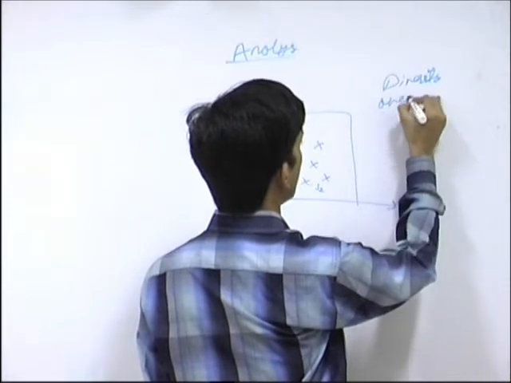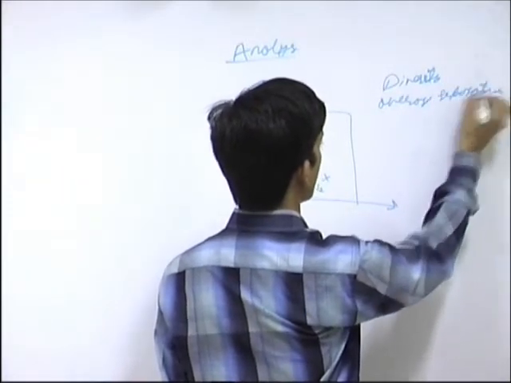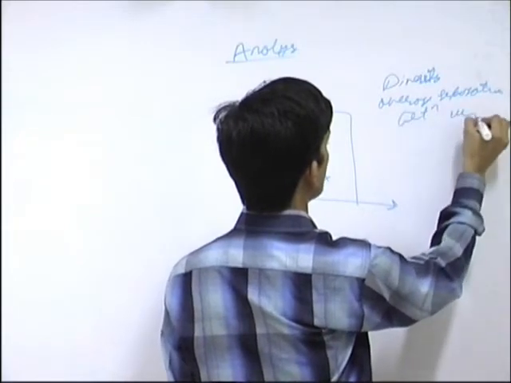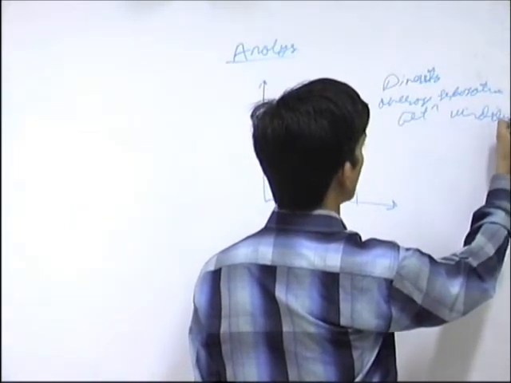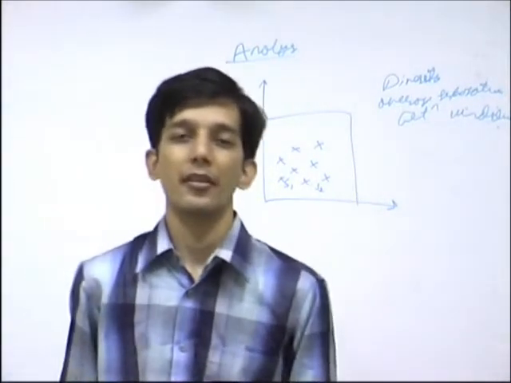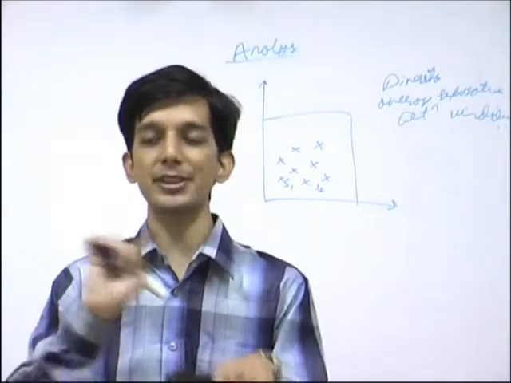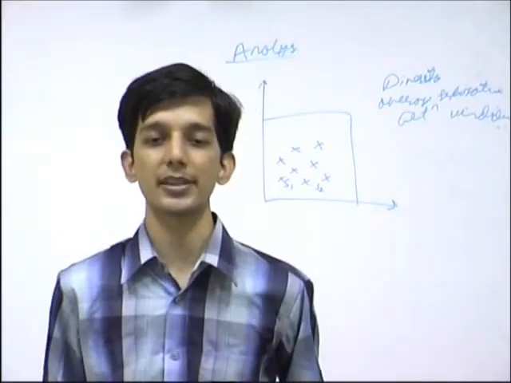Diversity denotes my average separation between individuals. So diversity is, inside this fitness landscape, the average separation between two individuals.